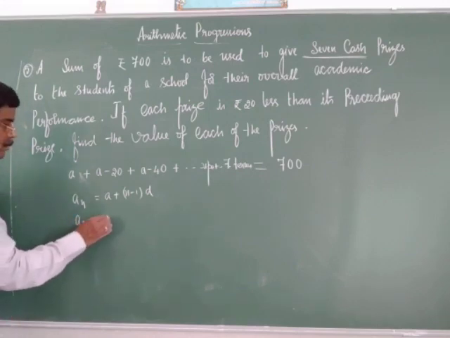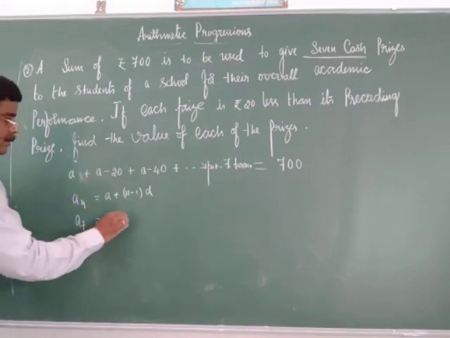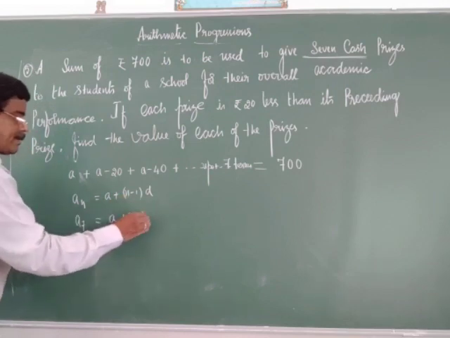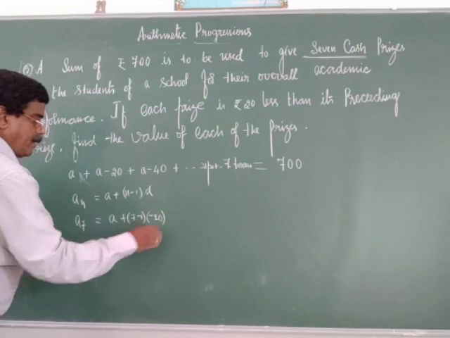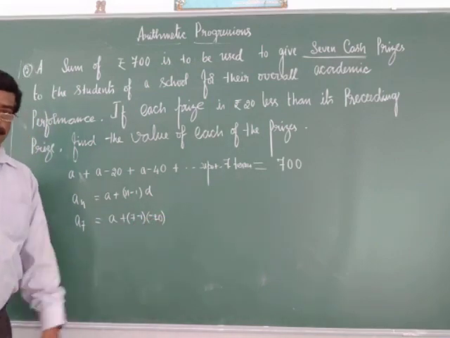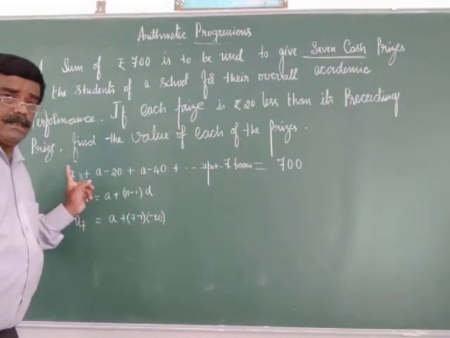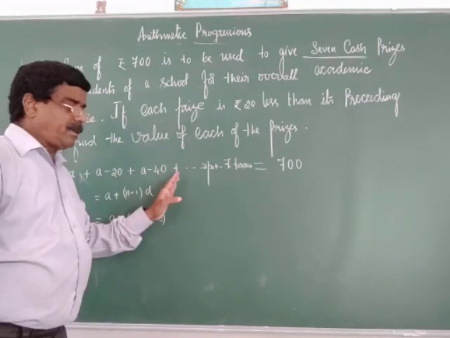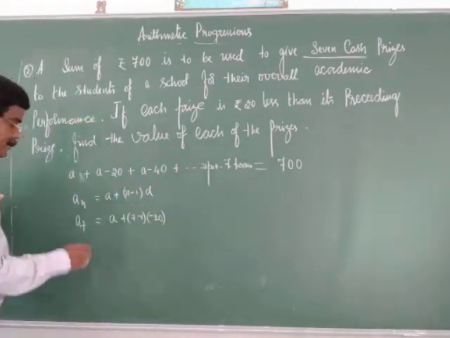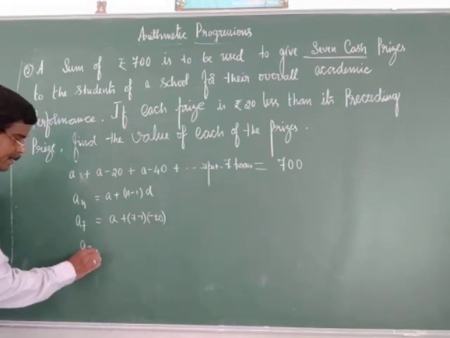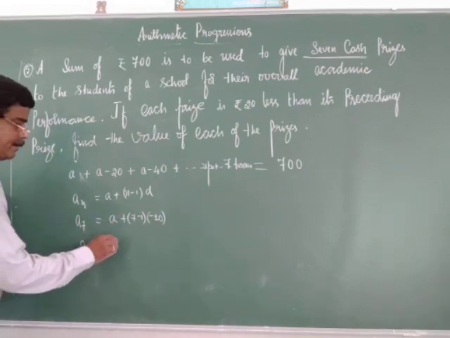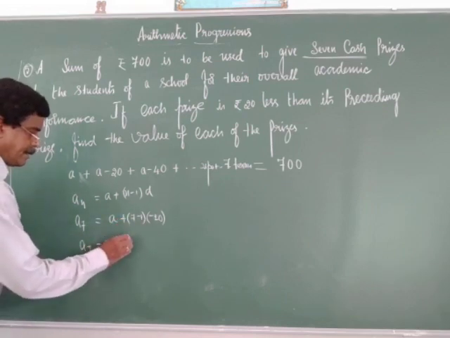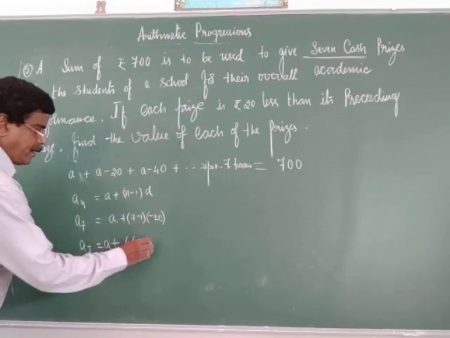A7 is equal to A, A only let it be, plus n means 7 minus 1. Be careful children, the difference is minus 20, because the second prize, third prize, fourth prize like that, the amount is going to reduce by 20. Anyhow, the 7th prize amount is A plus 6 into minus 20.